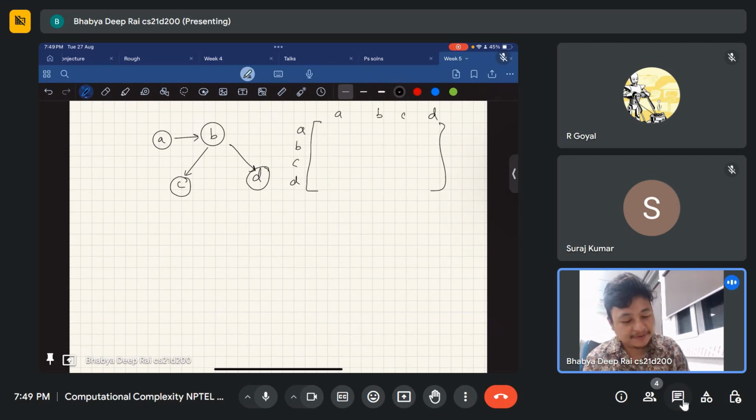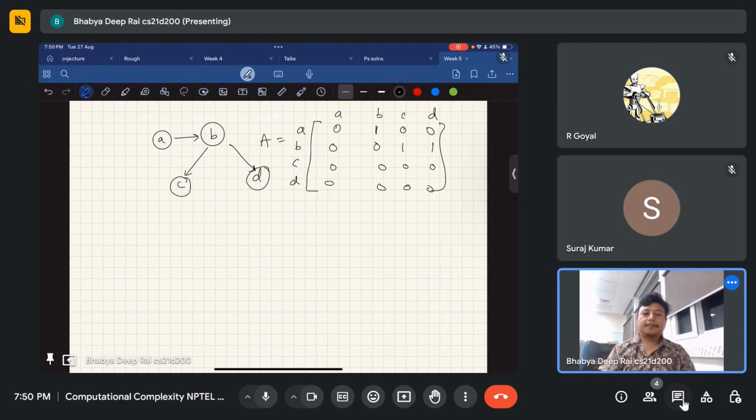A can reach B, and B can reach C, C can reach D, and the rest are zeros. This is the adjacency matrix, right?